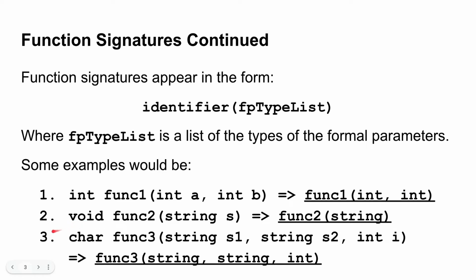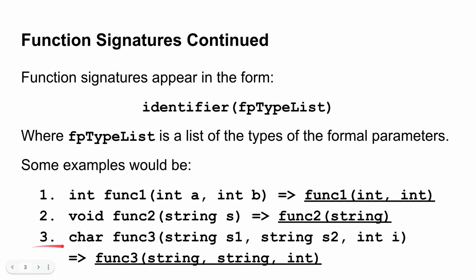So if we come down to example 2, you see we have void func2 string s, and that will be turned into func2, and we have a list that just contains string because there is only one parameter string. So inherently, we know that there's one parameter, and that parameter is a string.